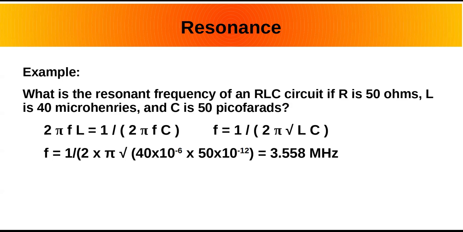So what you did there is you took the exponents and maneuvered them around. Because you got a 10 to the minus 6 and 10 to the minus 12 multiplied, so you got a 10 to the minus 18. And you're taking the square root of it, so it'd be 10 to the minus 9 times whatever that is. If you do it on the calculator, that's the number you'll get.